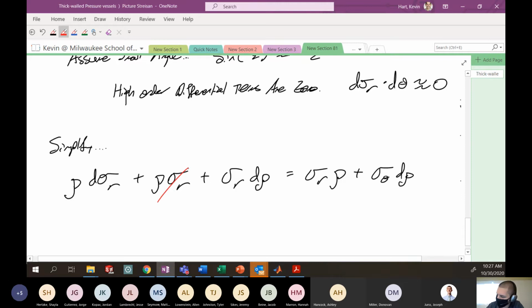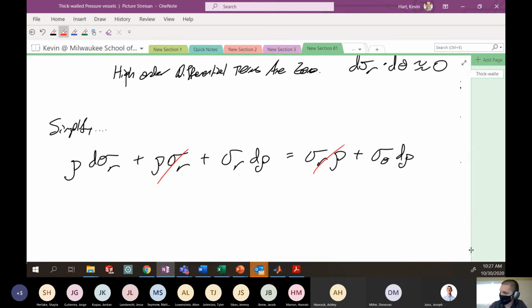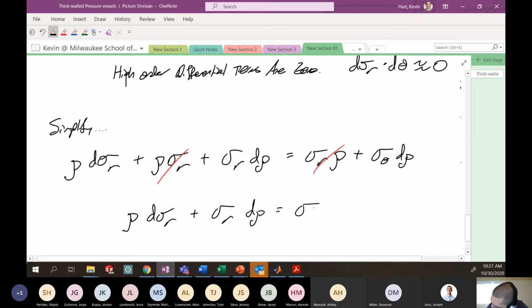We'll see that these two guys more or less cancel out with each other, and you end up with rho d sigma r plus sigma r d rho equals sigma theta d rho.